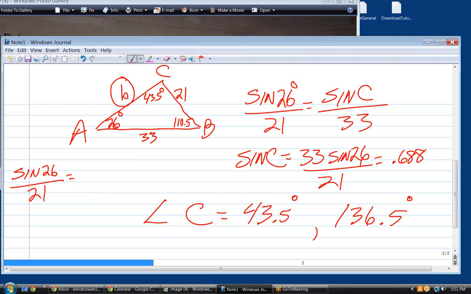In our second triangle, angle C is 136.5. Angle A is still 26. That still has to be 21. This still has to be 30, excuse me, no, that's, oh, we didn't figure out B on this.